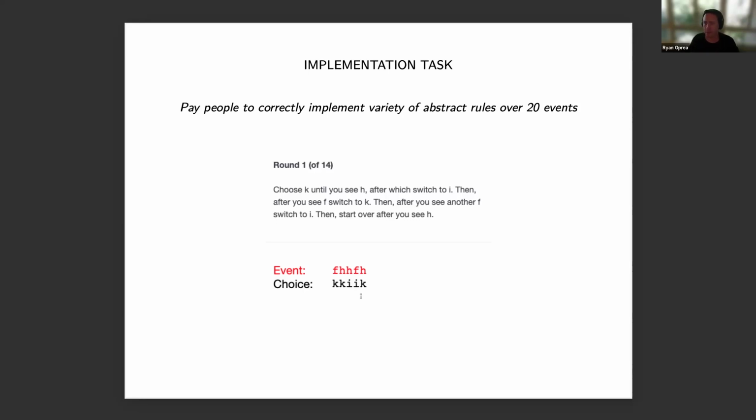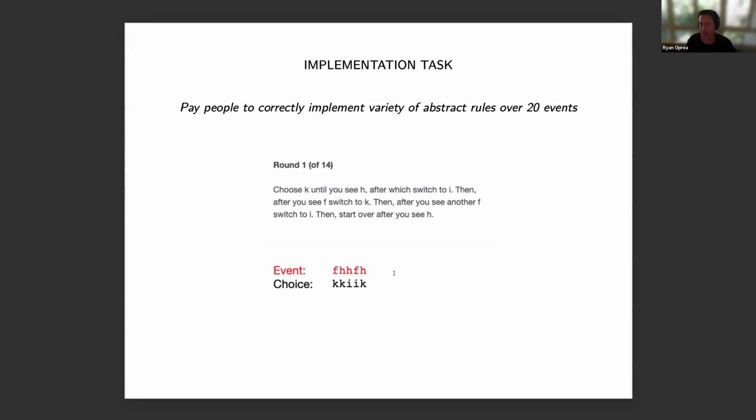So they're being implicitly asked to find an algorithm to solve the problem. In this experiment, in order to do this kind of direct measurement, I'm instead going to assign subjects an algorithm directly, and I'm going to ask them to implement it.